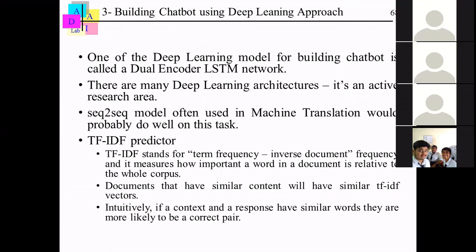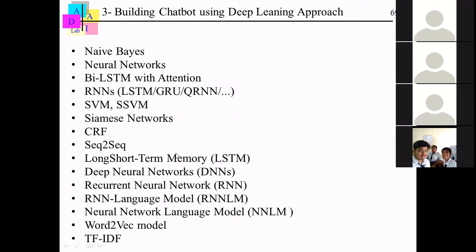The most famous model we use here is the LSTM sequence-to-sequence model, which is often used in machine learning. And we can apply TF-IDF. And here are some algorithms we use to build the chatbot. You see that there are a lot of deep learning algorithms here, such as long short-term memory, deep neural network, and recurrent language model.